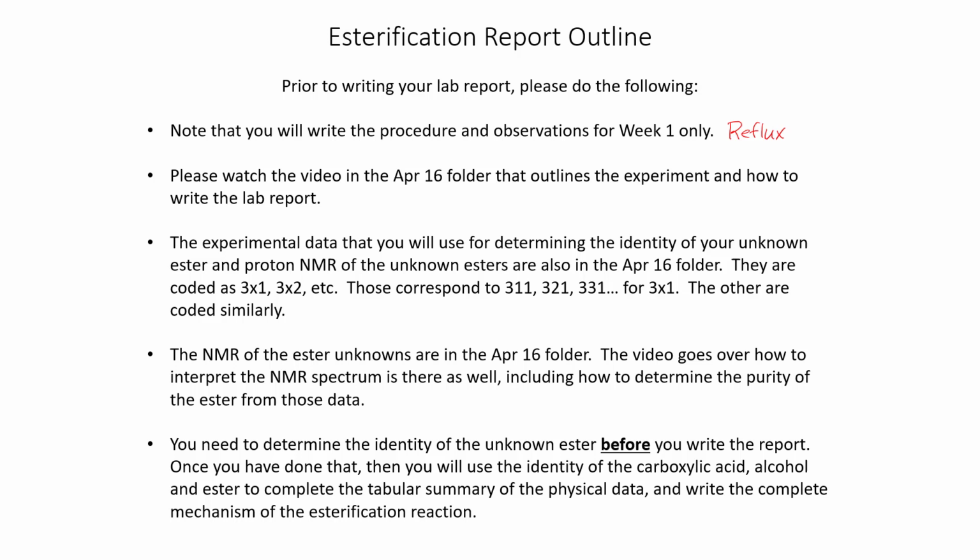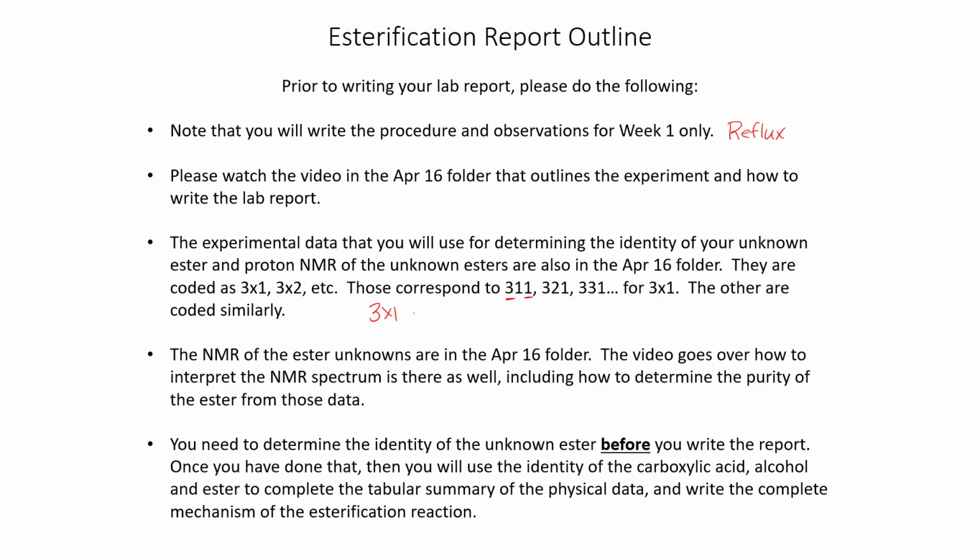Now, the experimental data is organized according to the unknown numbers. The unknown numbers are written 3x1, 3x2. What does 3x1 correspond to? It corresponds to a 3 and a 1.